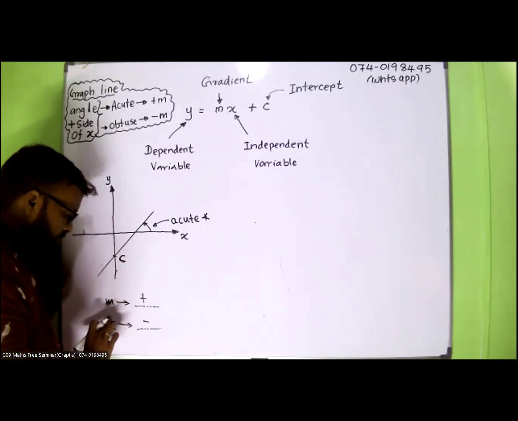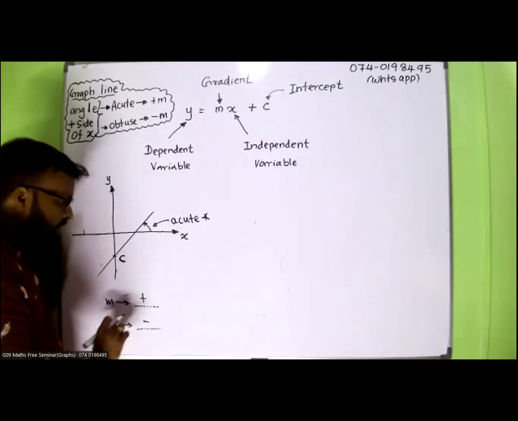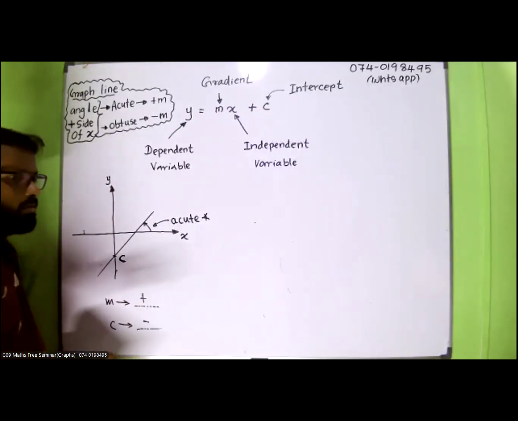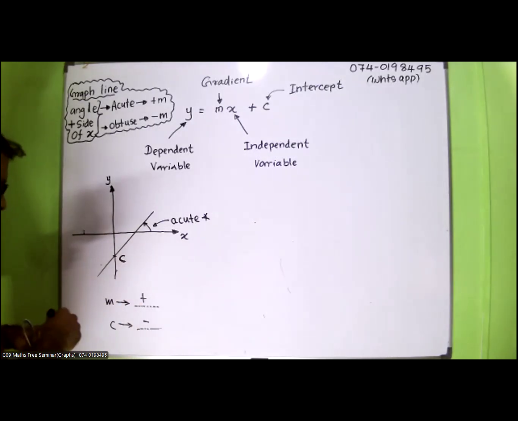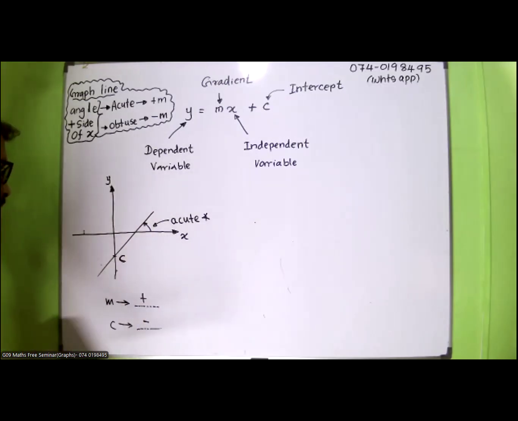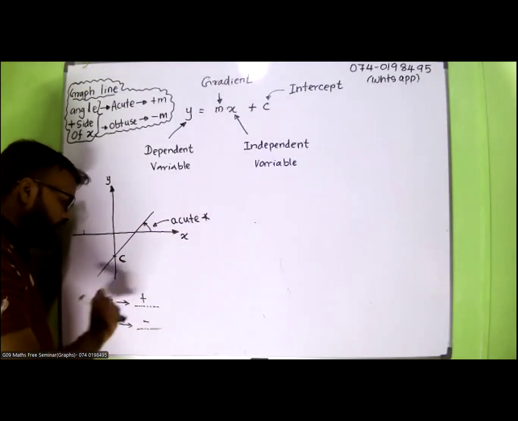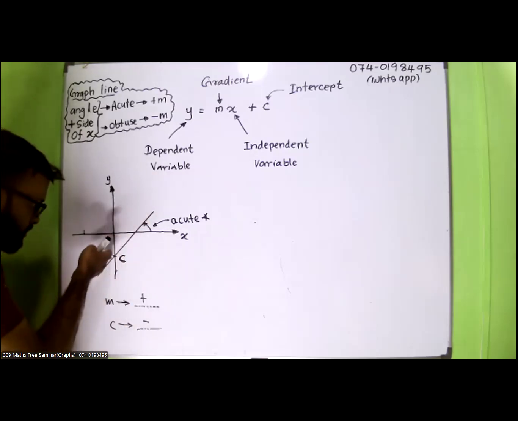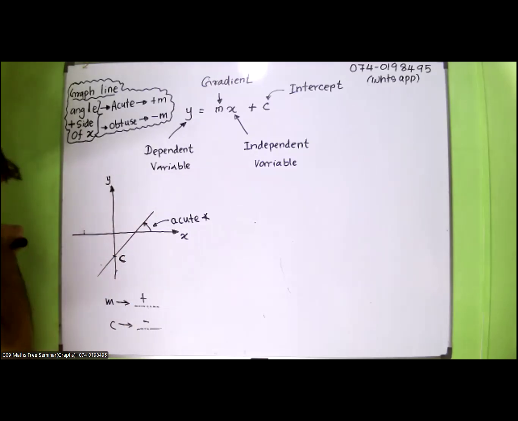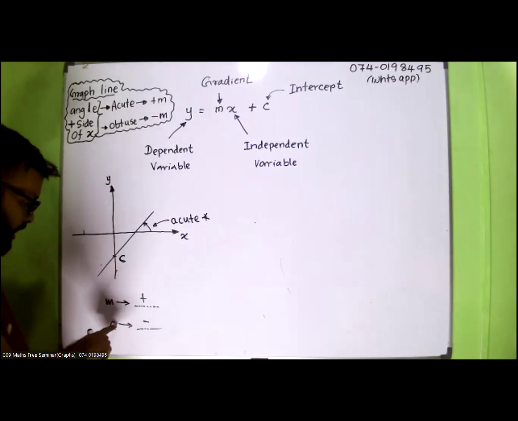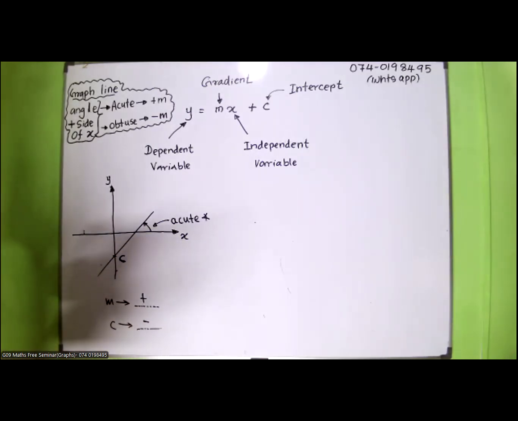M is positive, intercept is negative. So please write this down. This is how we identify an acute angle with the positive direction of the x-axis, so the gradient is positive, and C crosses down there, so it is negative.